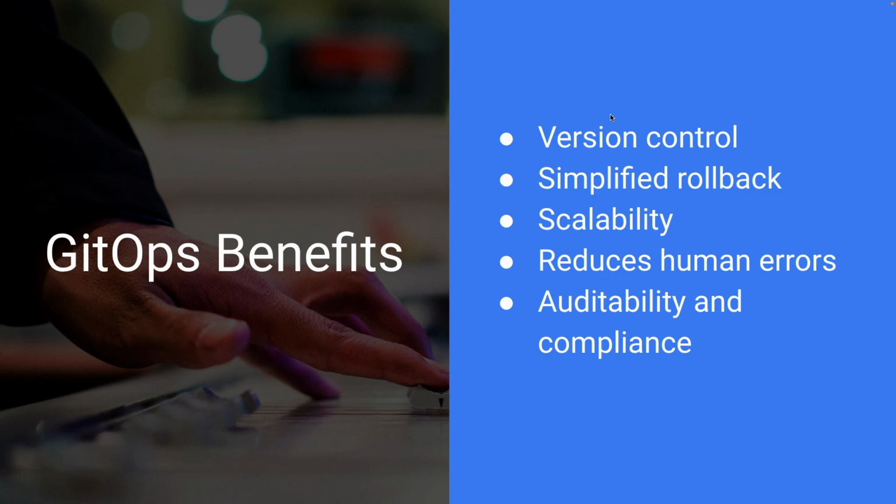Let's see what the benefits of having GitOps are. First of all, you will push everything to your version control, so all the benefits which version control gives you, you will automatically inherit. Now your rollback process will be very smooth. What you have to do is just revert the git commit which you just made. Now as you have put everything in Git, scalability can be achieved very easily.